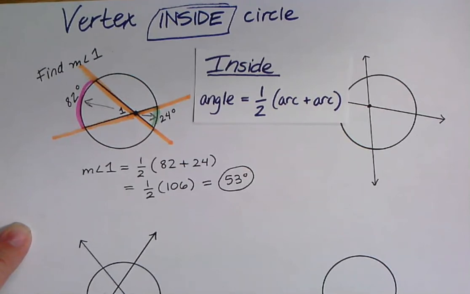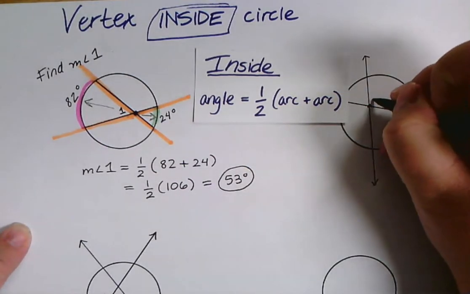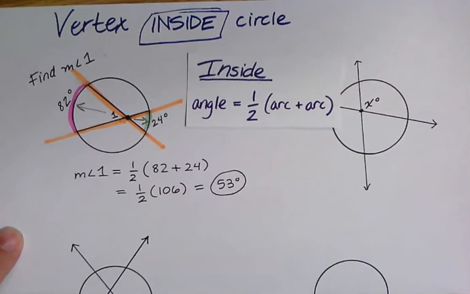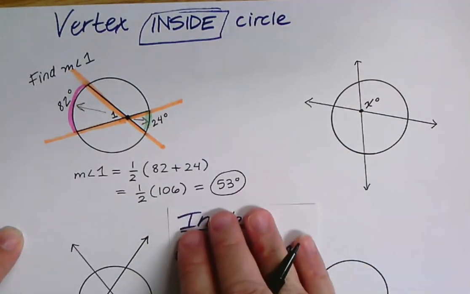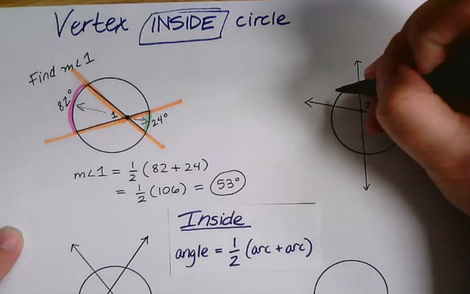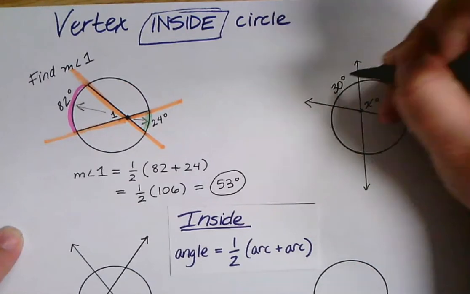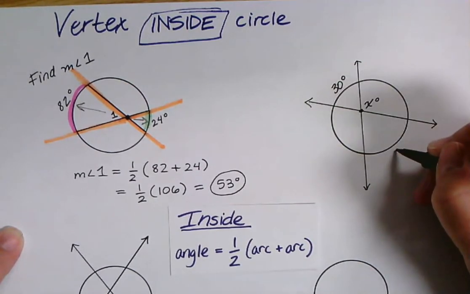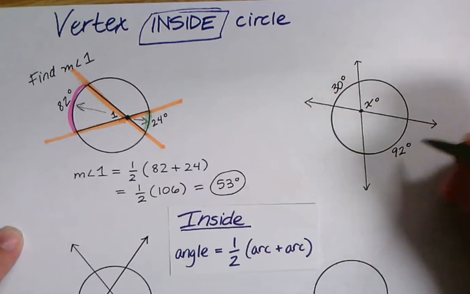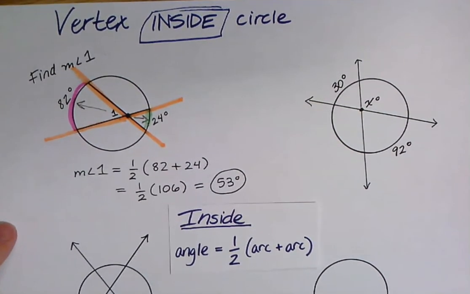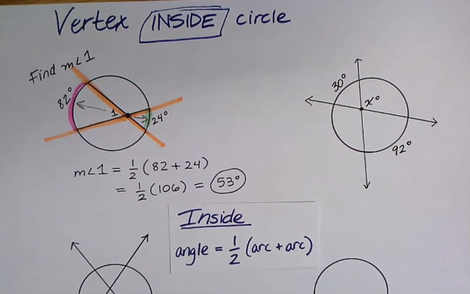Now let me show you a couple of twists that sometimes happen. The most common twist, perhaps, is if I was asked to find an angle. Let's move that down here. And I'm given that this is 30 degrees and that this is 92 degrees. You have to be on your toes with these to notice what just happened. Well, what just happened is they didn't give me the arcs that go with my angle.